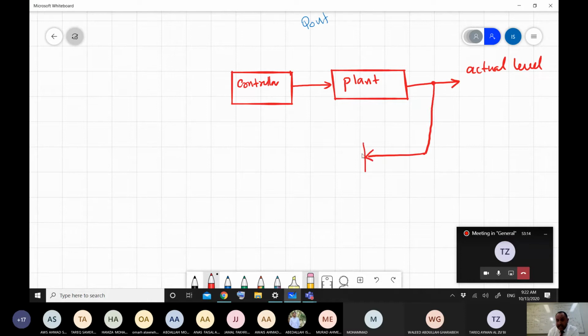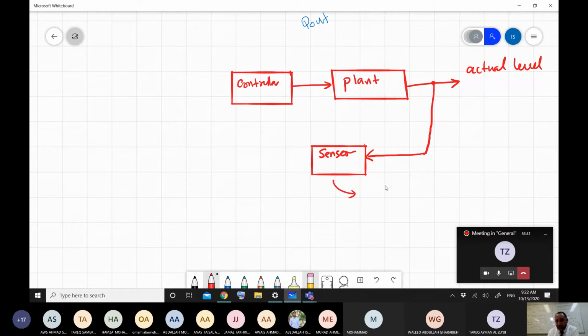So simply here, I need something we call a sensor. So this is the sensor. And the sensor is what?